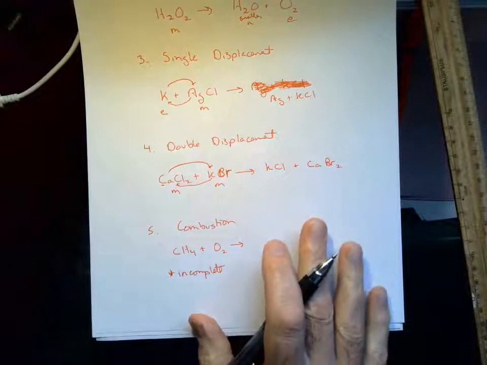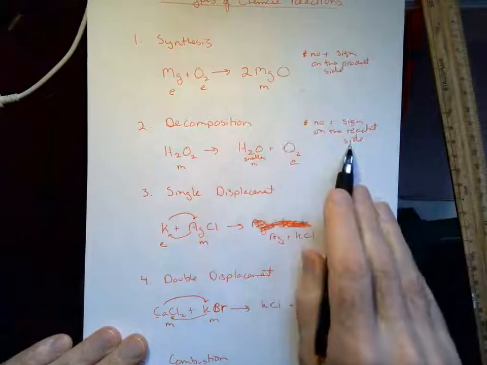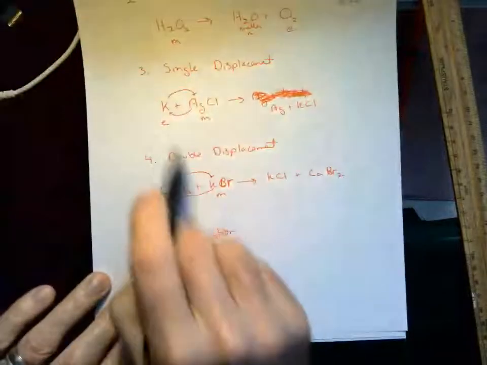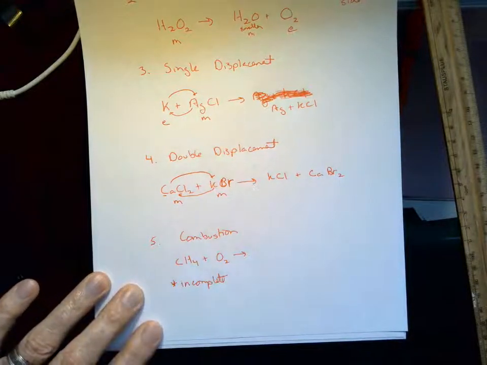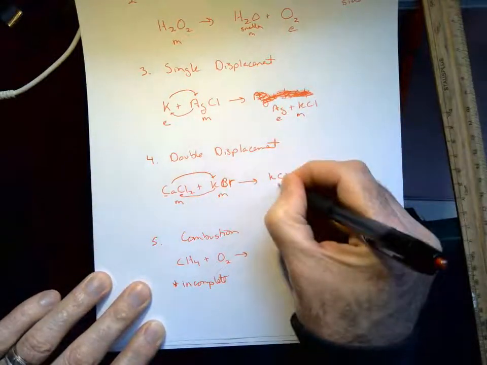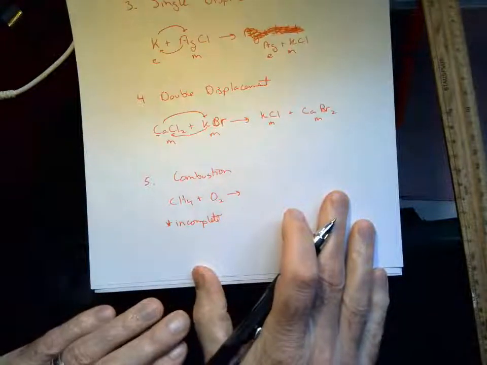Look for your look-fors. No plus sign on the product side. No plus sign on the reactant side. An element and a molecule, and a molecule and a molecule. These are the patterns that you're looking for to be able to recognize your reactions.